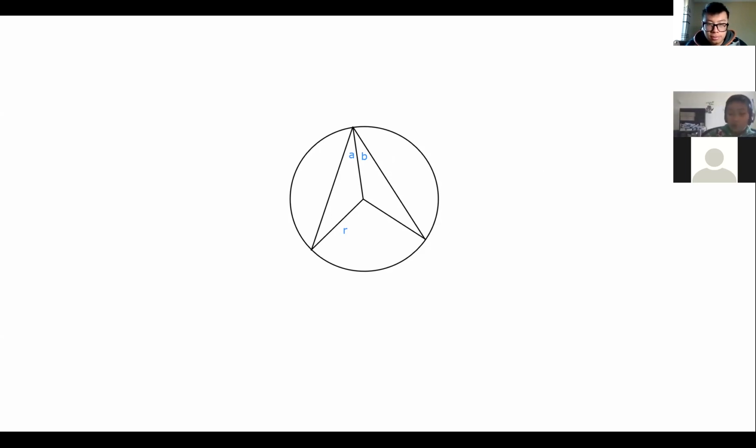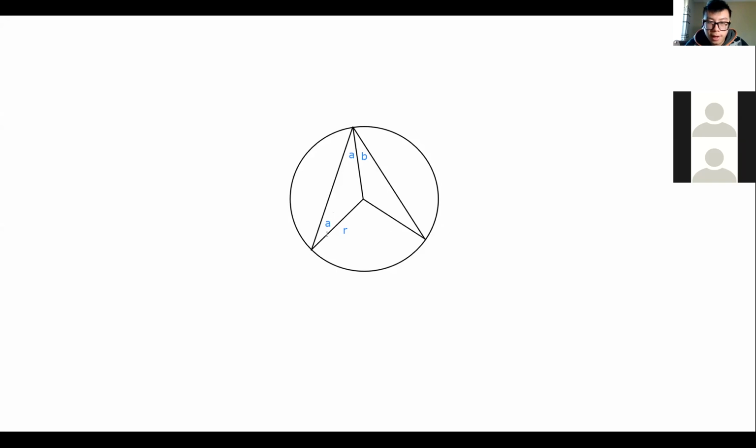But what we notice is that since this triangle, so both these triangles actually, but let's look at this triangle, is isosceles, it means two of the side lengths are equal. That also means that two of its angles are equal to each other. And what that means is that we have another angle that's also equal to A. And that's this bottom line right here.